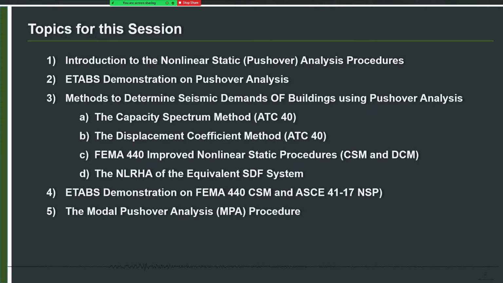But one thing I will explain already in the slides also is that currently, the status of pushover analysis is that it can be used as an alternate method for performance assessment in cases where you may not apply the nonlinear time history analysis.